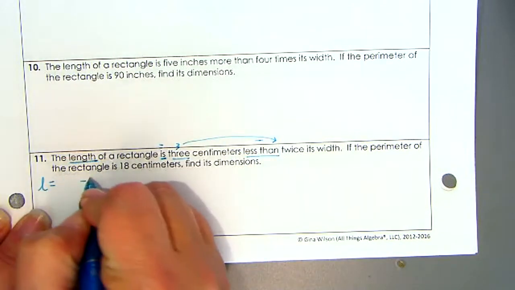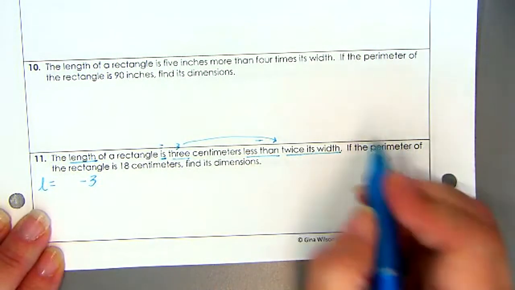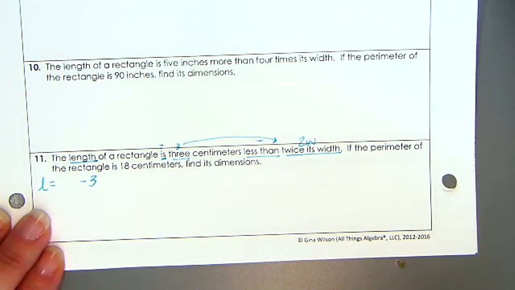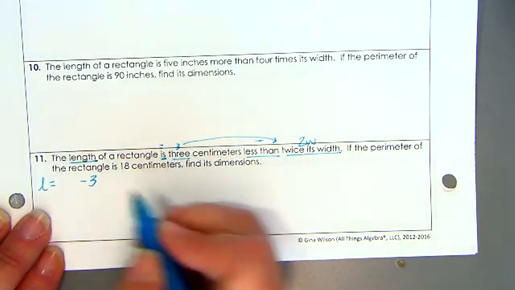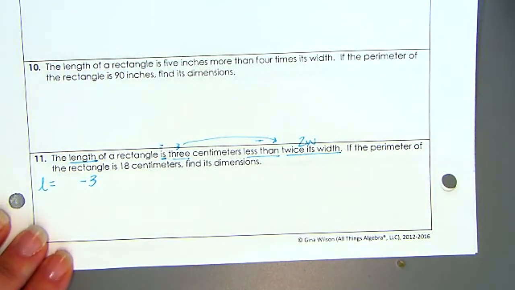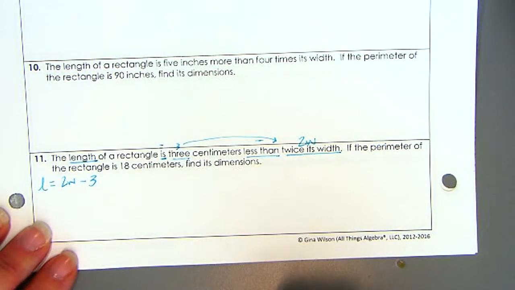So it's going to be minus 3 twice the width. Okay, so that's 2W. But I can't have 2 variables. So that's what I would write like this right here.